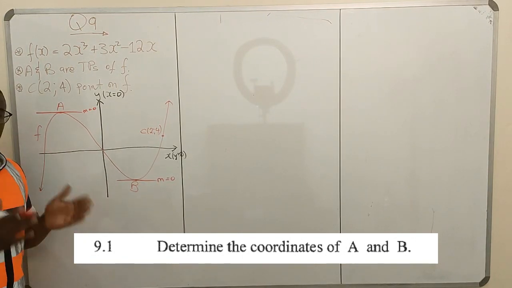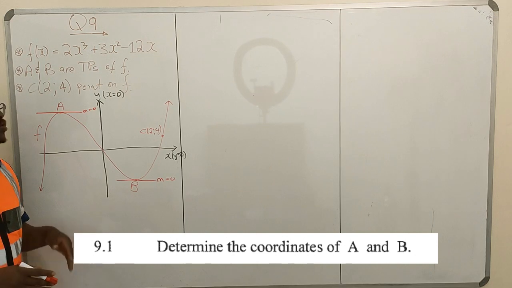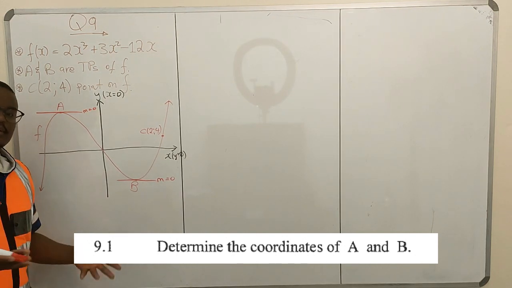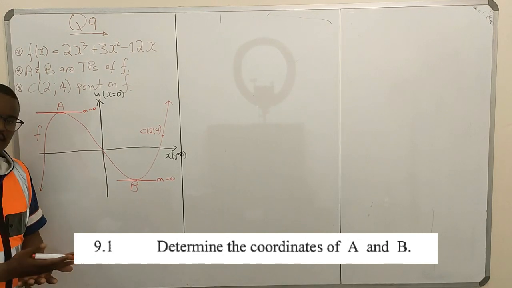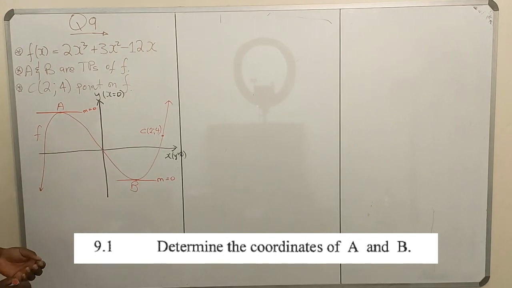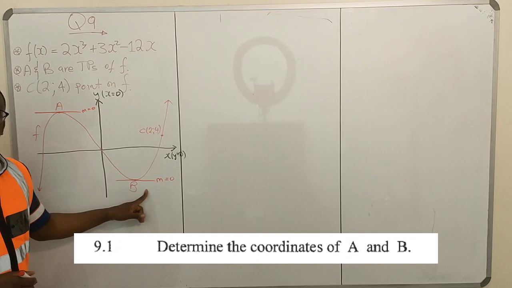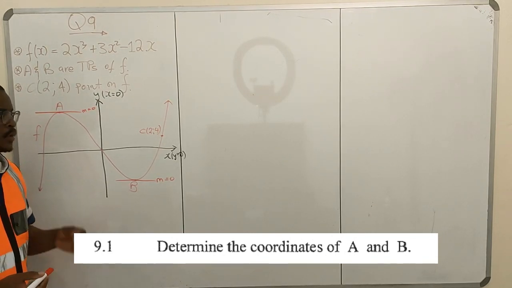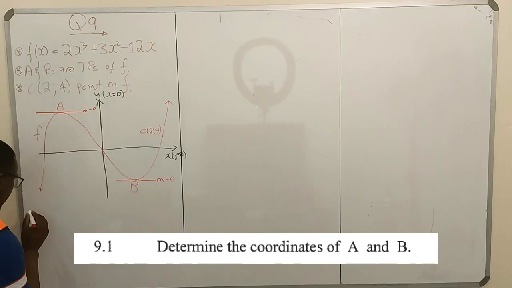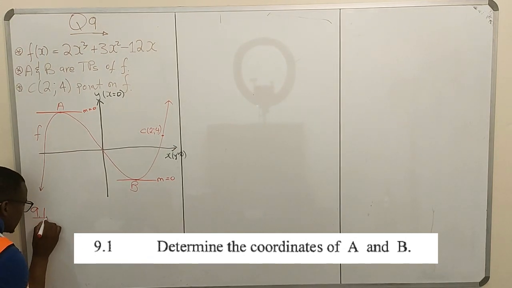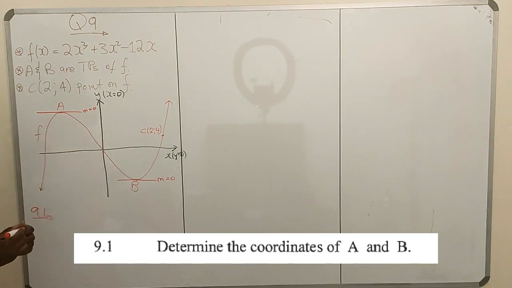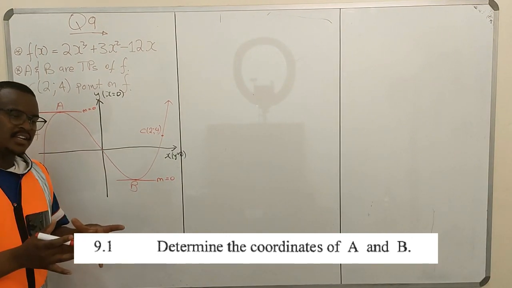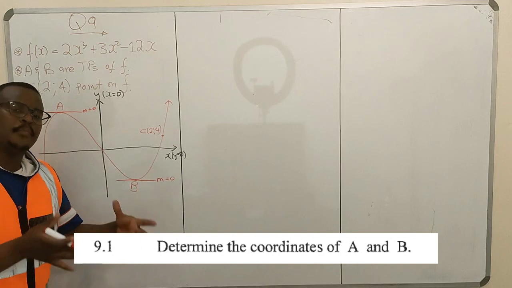At the turning point, the gradient is 0. So which means if you draw any tangent at the turning point of any function, the gradient will be 0 there. Done. So now, since we know the gradient at the turning point is 0, what can we do with it? As you are doing calculus, your derivatives, you know that the derivative of a function gives you the gradient at a point.